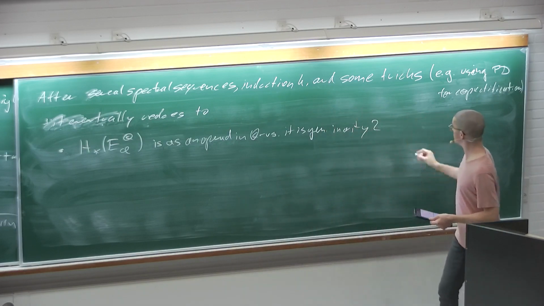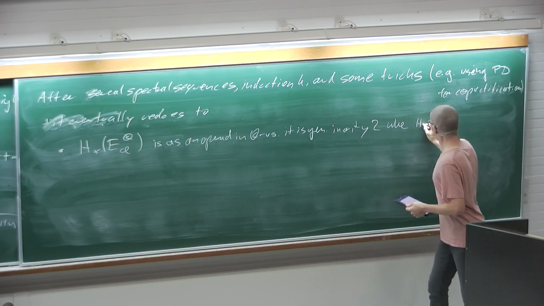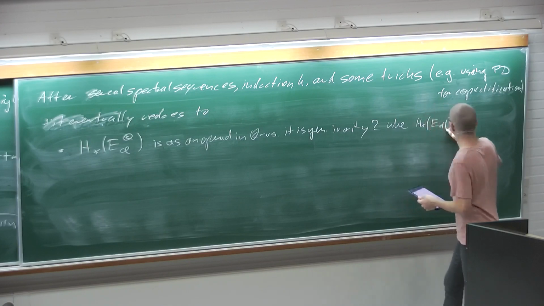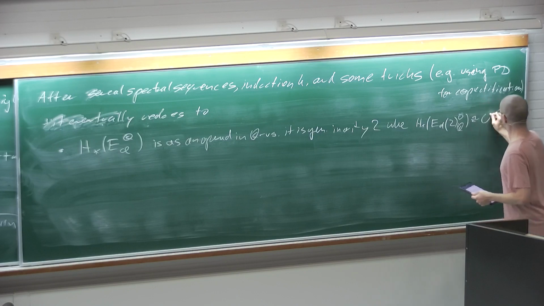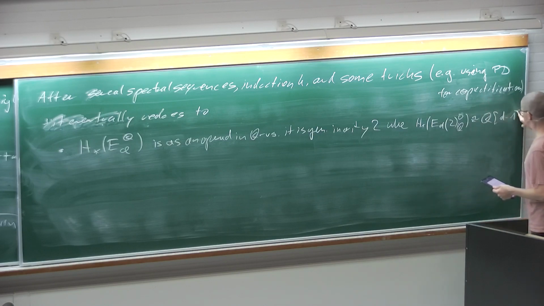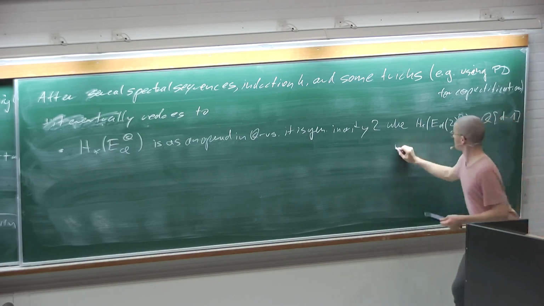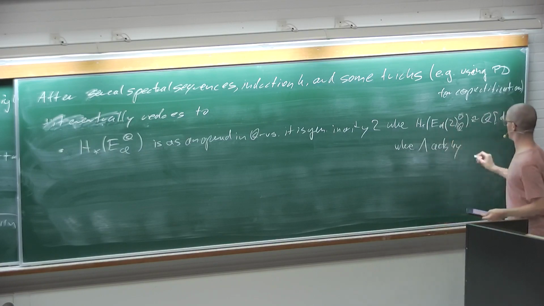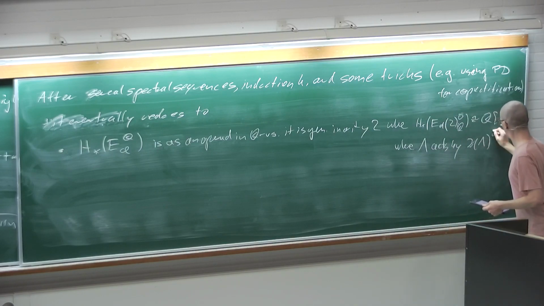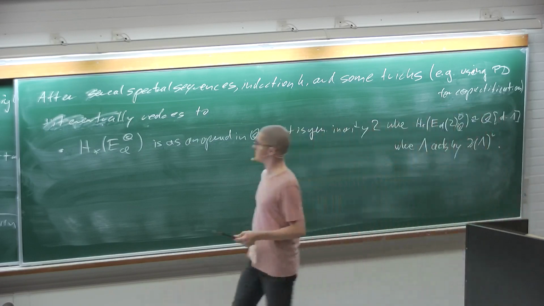And in arity 2, I know exactly how lambda acts by definition. In arity 2, this is a Q in degree d minus 1, and chi was exactly defined to be the action on this Q. So here, lambda acts by chi of lambda to the power of i.